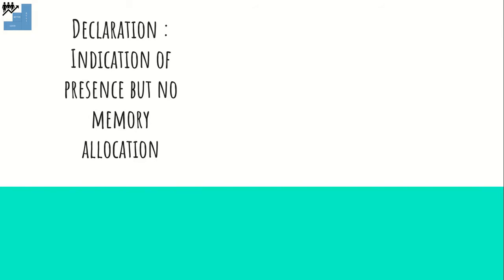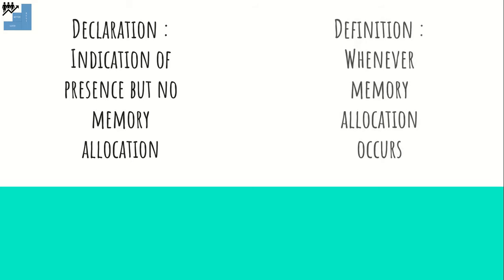Once we understand how memory allocation happens, we can see the difference between declaration and definition. Declaration is the indication of presence but no memory allocation, whereas definition is whenever memory allocation occurs. Both variables and functions should adhere to this definition.